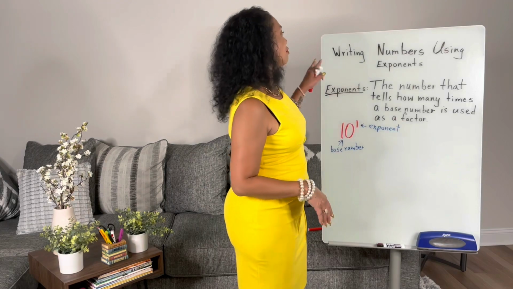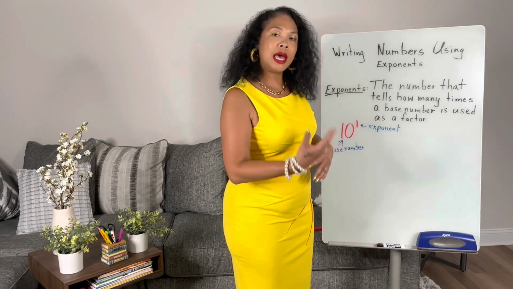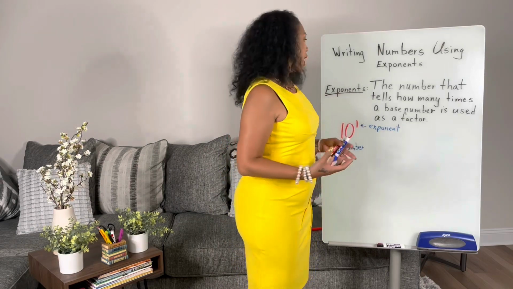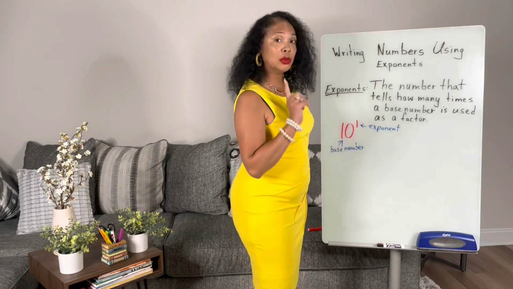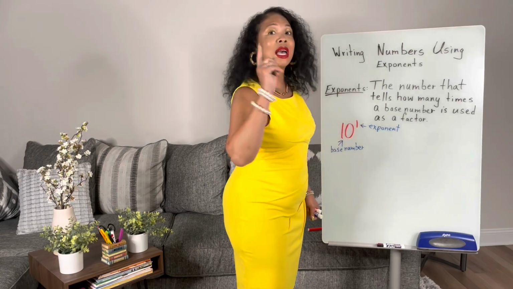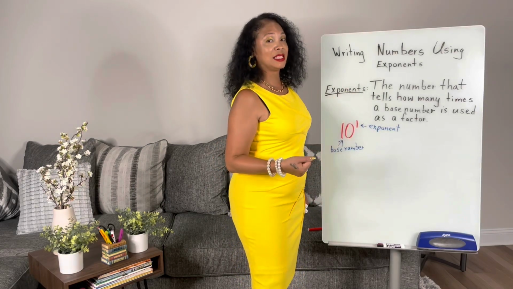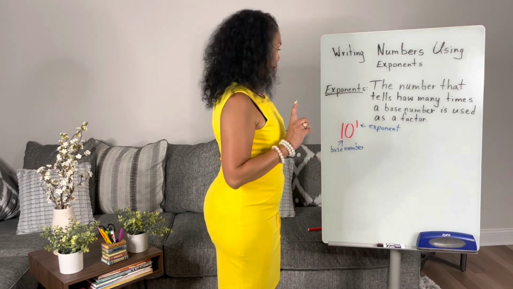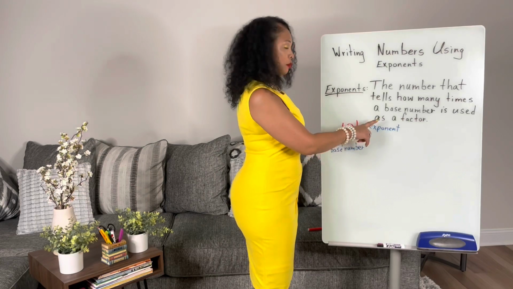Remember, we are writing numbers using exponents, but we're going to just add some more numbers to the problem. And remember, let's do a little review. An exponent is the number that tells how many times a base number is used as a factor. Let's look at our example. We have 10 to the first power.